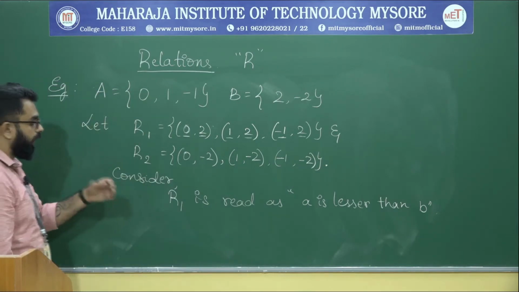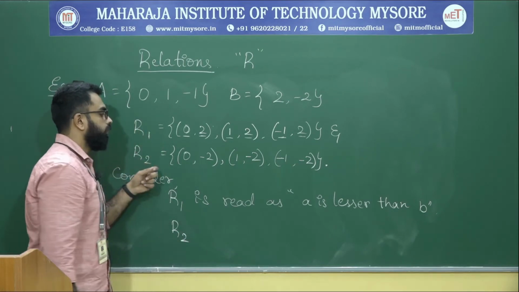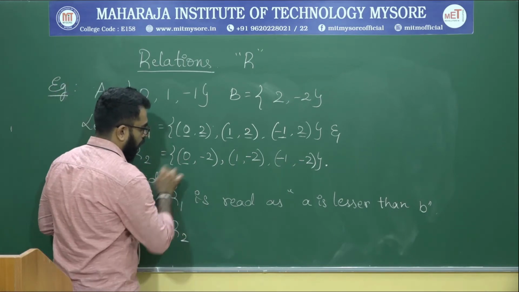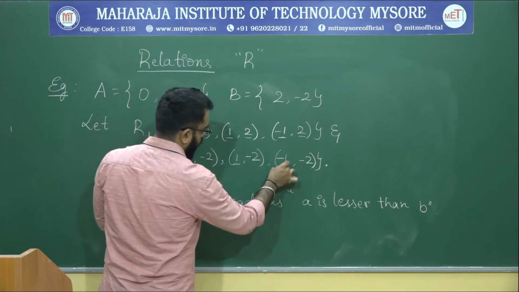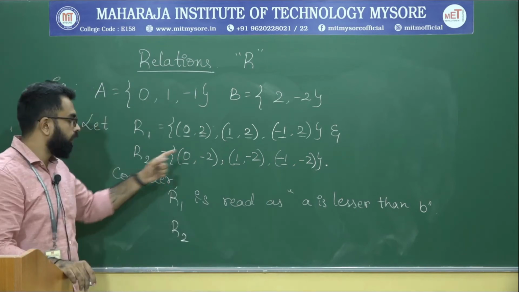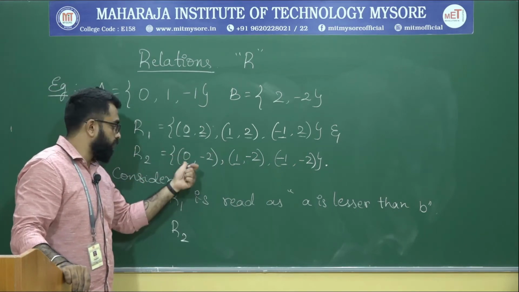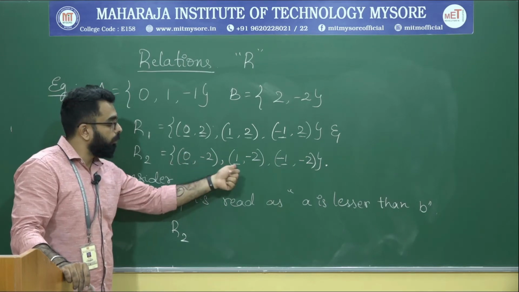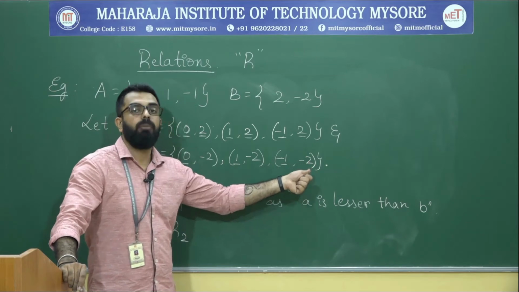Similarly, can we identify something in R2? In R2, the element A in the three ordered pairs is greater than B. Just observe, 0 is greater than minus 2, 1 is greater than minus 2, similarly minus 1 is greater than minus 2.